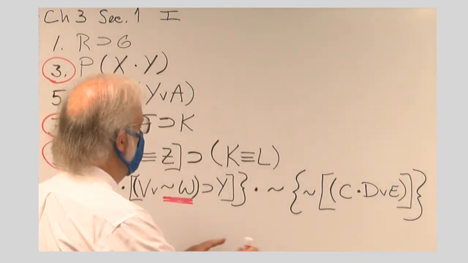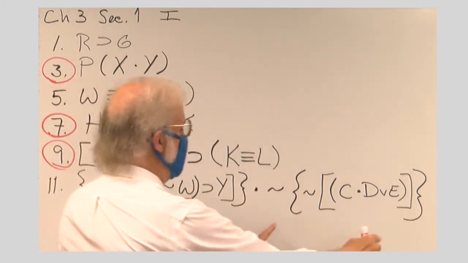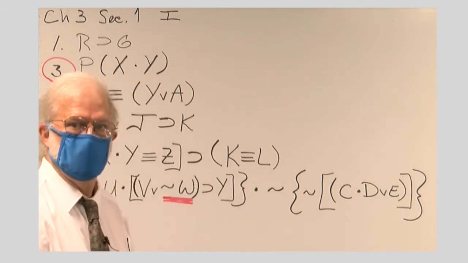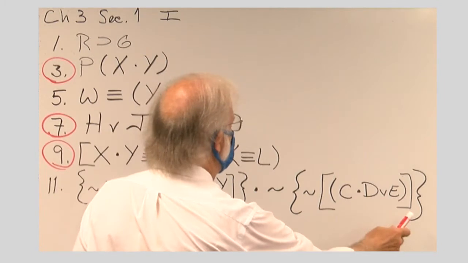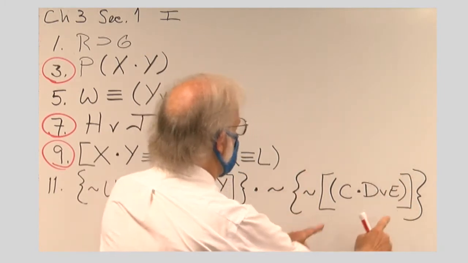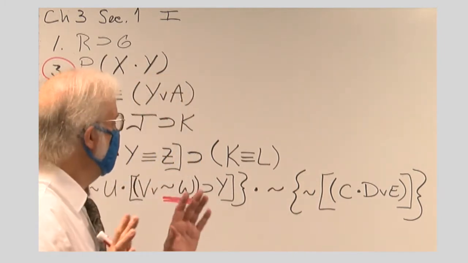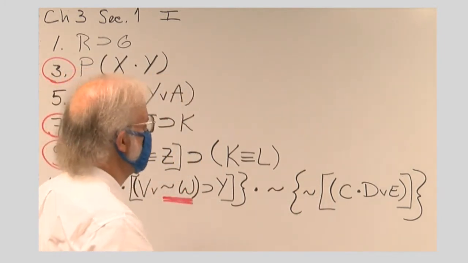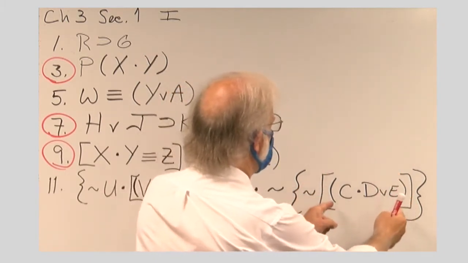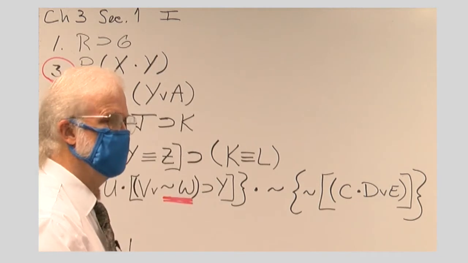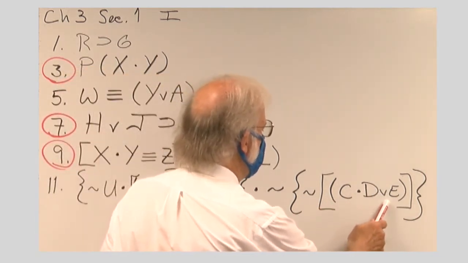Let's go over to the right conjunct now. We've got a tilde on the outside of the set of braces. That's perfectly legitimate. Inside of the braces, we've got a bracketed expression, and it as a whole is negated. That's also perfectly legitimate. But if you look inside of the brackets, what you see is a set of open and closed parentheses, and inside of the parentheses, there's not one governing connective.